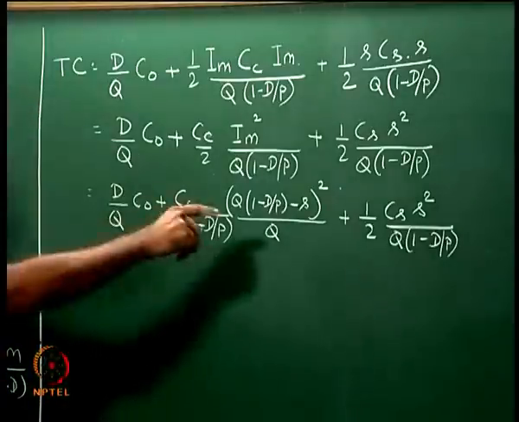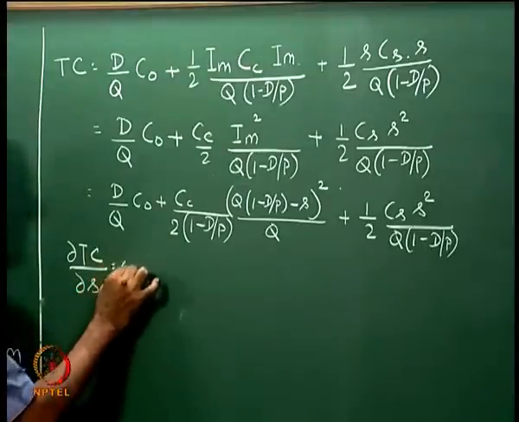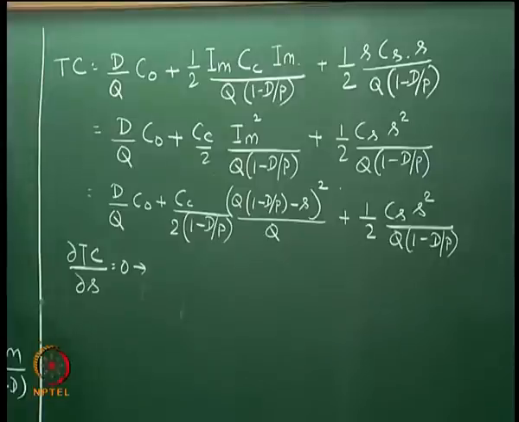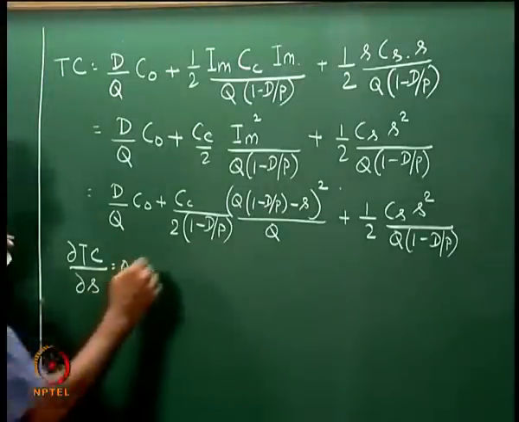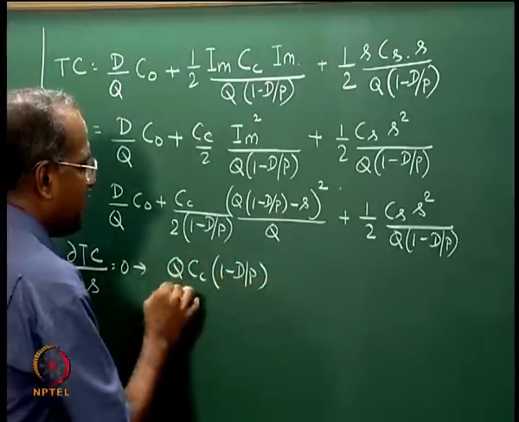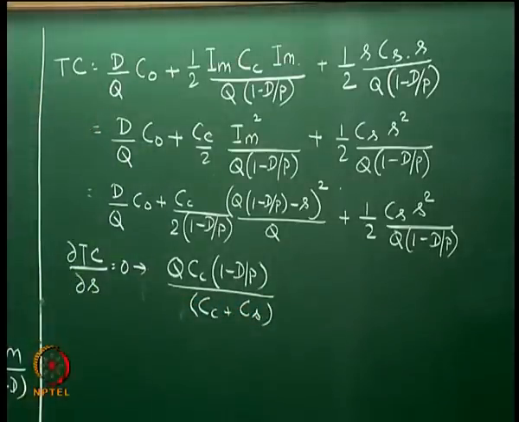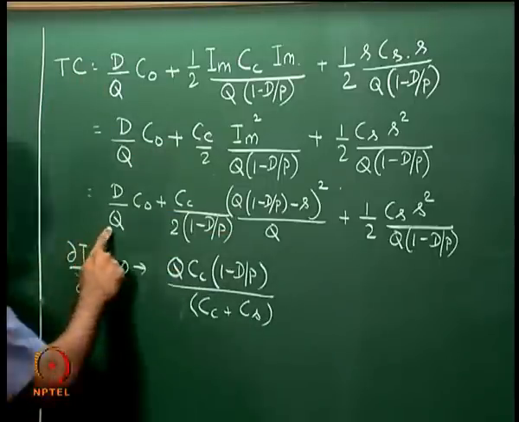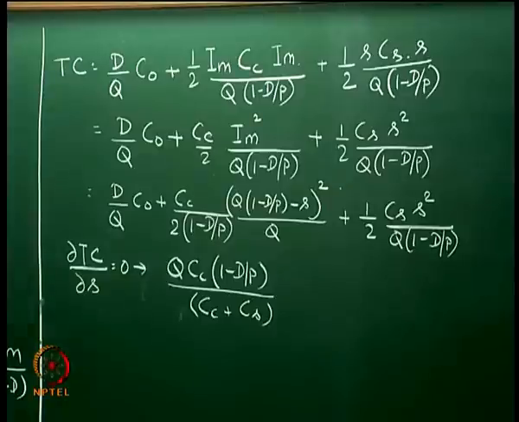So, when we partially differentiate this with respect to S and set it to 0, dou Tc by dou S equal to 0 would give us, these are the 2 terms where we will have S. Finally, we will have an expression S is equal to Q Cc into 1 minus D by P divided by Cc plus Cs, and then we have to partially differentiate this with respect to Q, and Q actually comes in all the 3 terms, and then we need to substitute for this S into that and solve it.